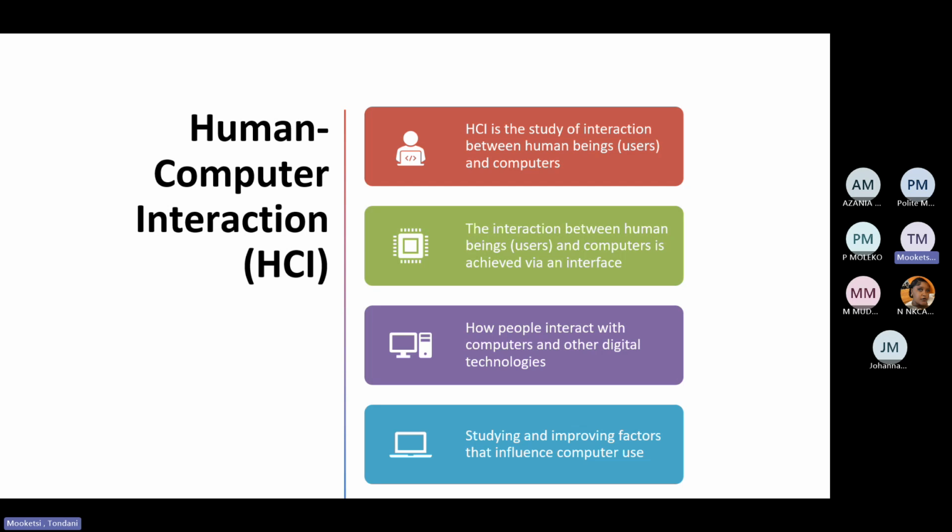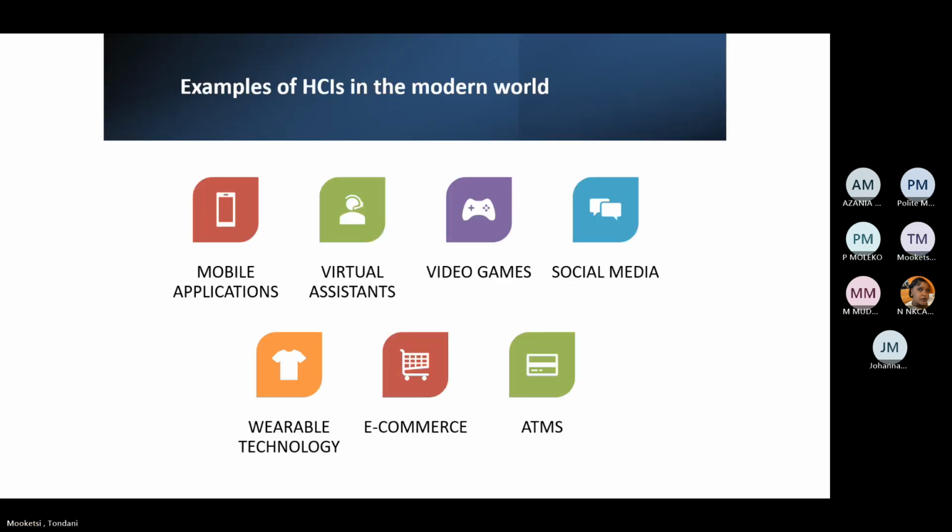And then we also spoke about examples of HCI in the modern world. So mobile applications, all the apps that you have on your phone, that is an example of HCI. So if you can just think about all the apps that you use and how the interfaces are designed, that is what we are studying about.